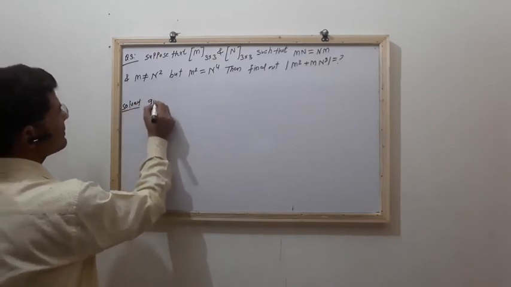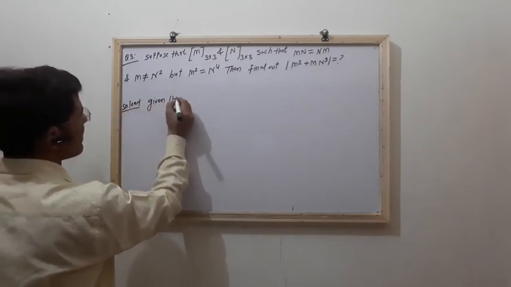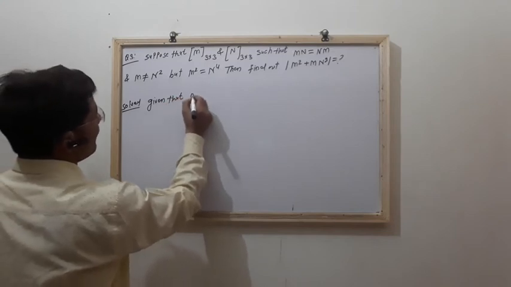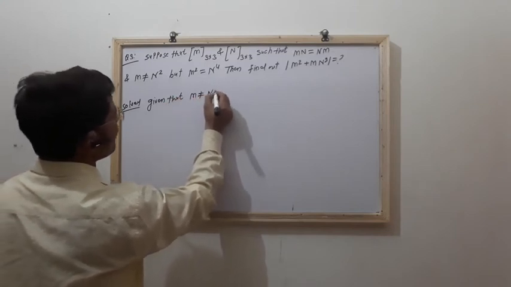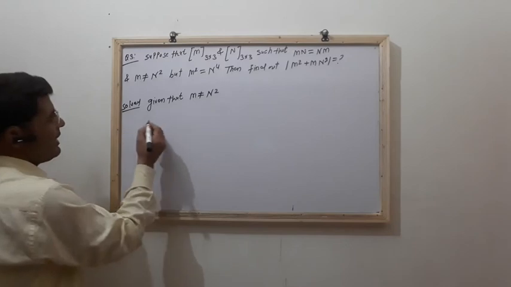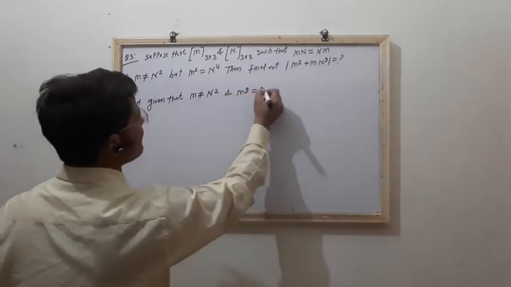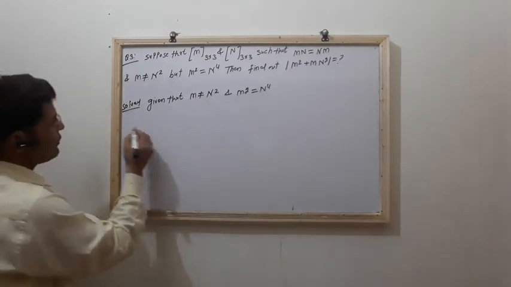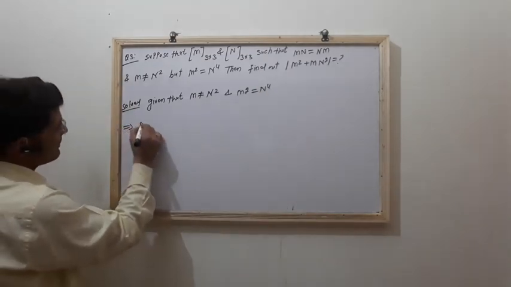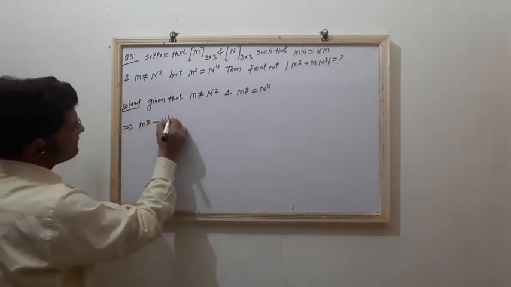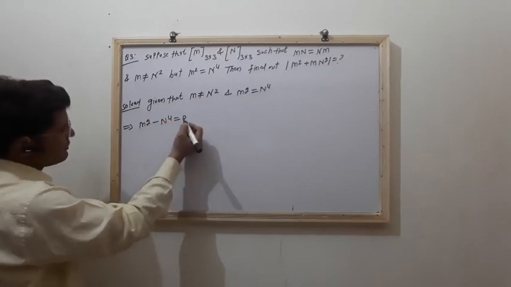Given that M square is not equal to N square and M square is equal to N to the power 4, so that M square minus N power 4 is equal to 0.